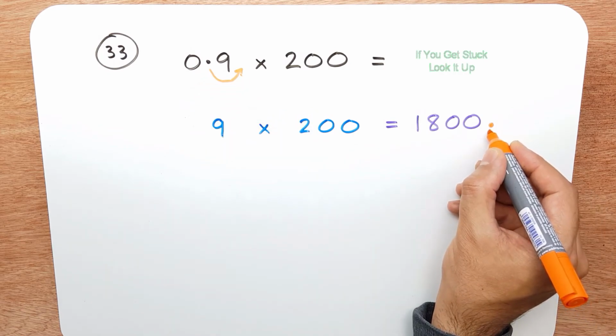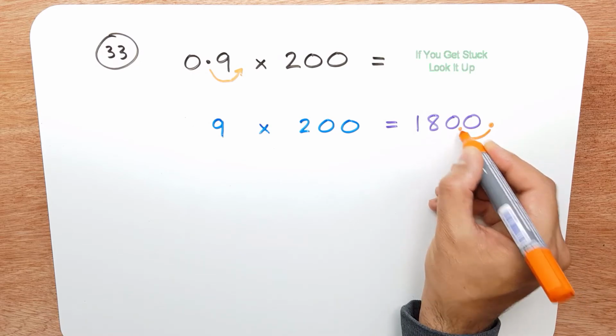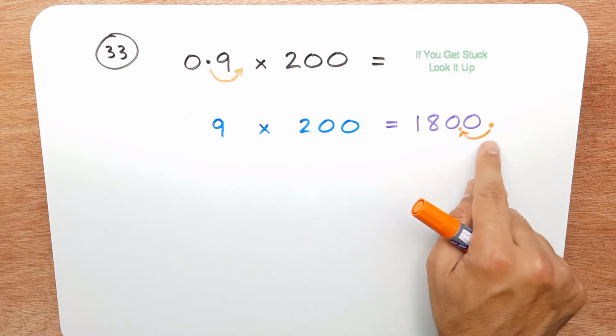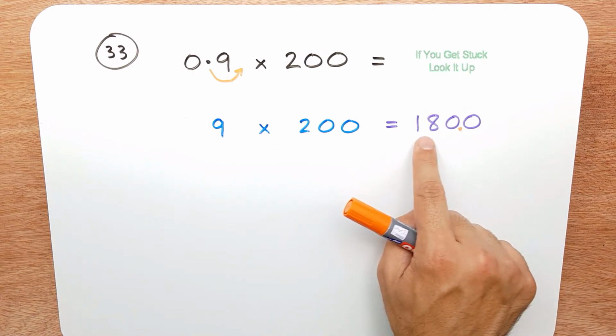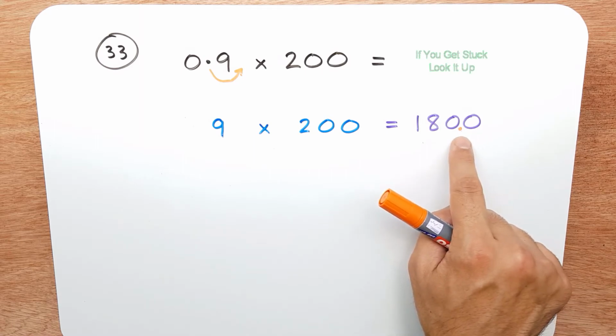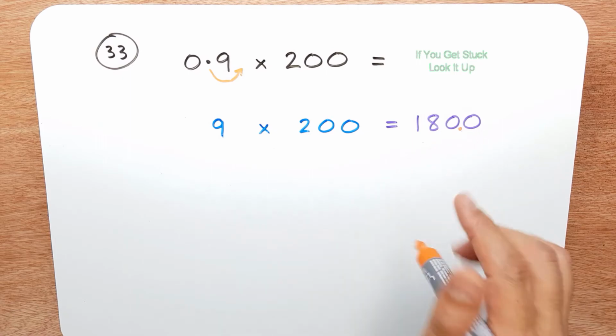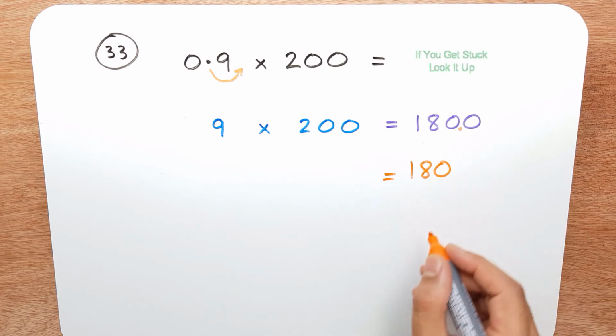So let's take the decimal point back. So our decimal point ends up there. So we can get rid of this. So now what we have is 180.0. And this 0.0 we don't need. So our answer is really 180.